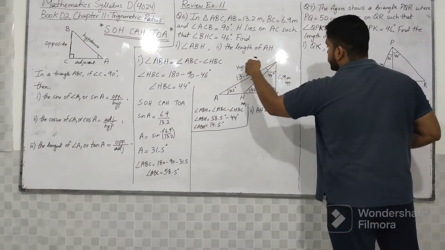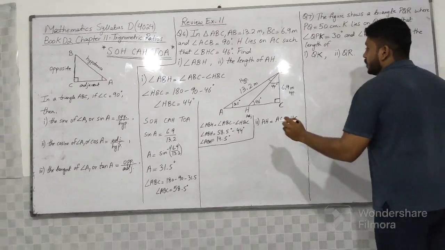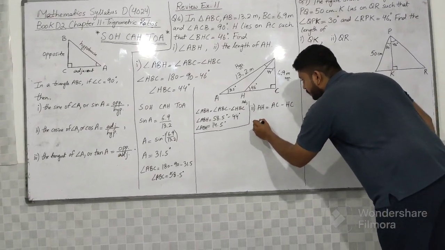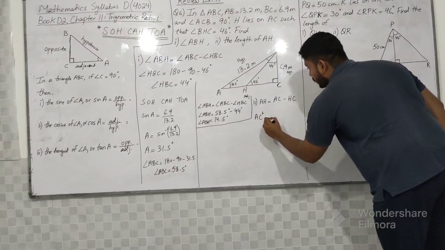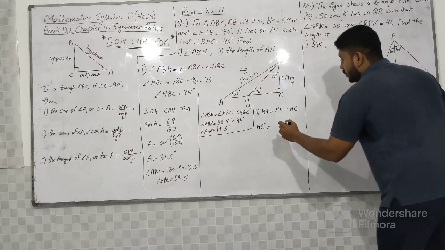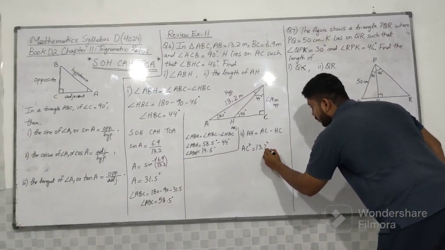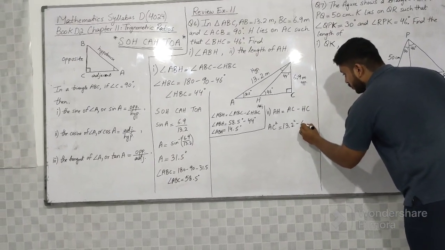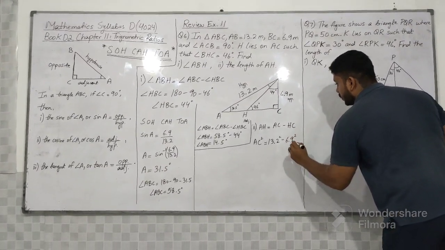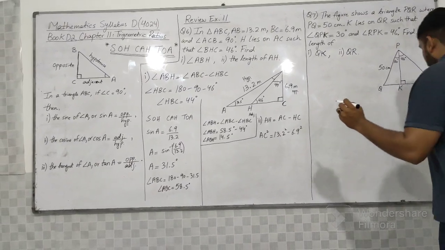The square of this minus the square of this, then square root the answer. Okay. So AC square will be this square minus the square of this side.